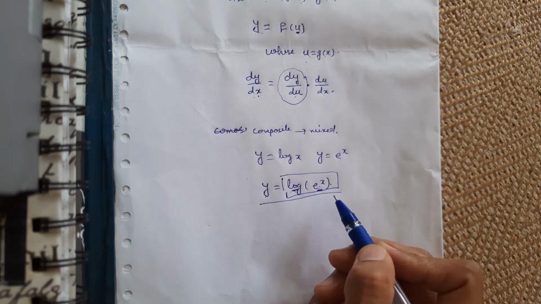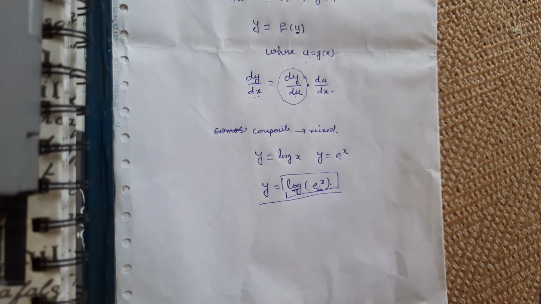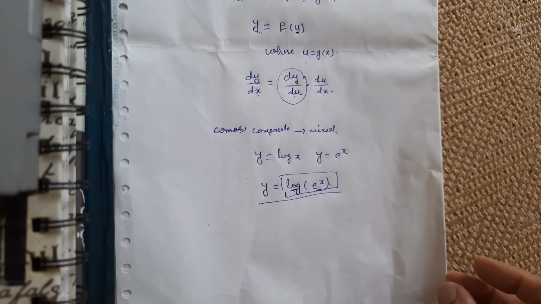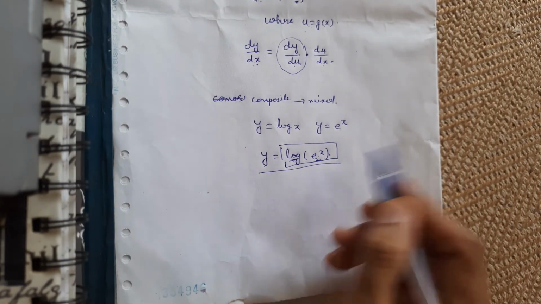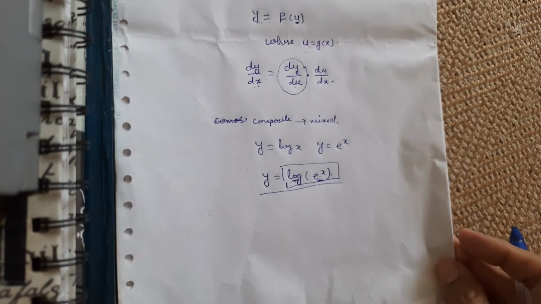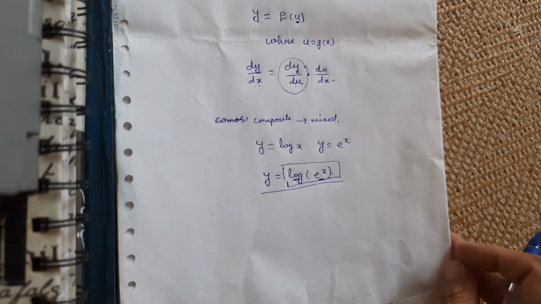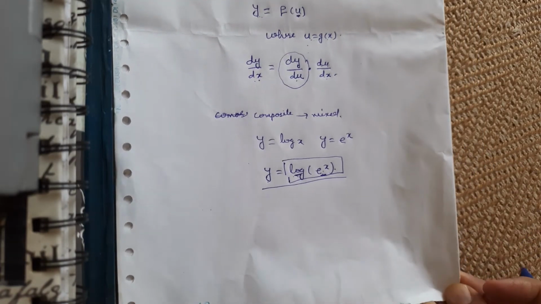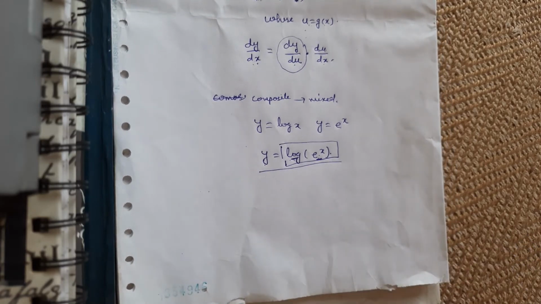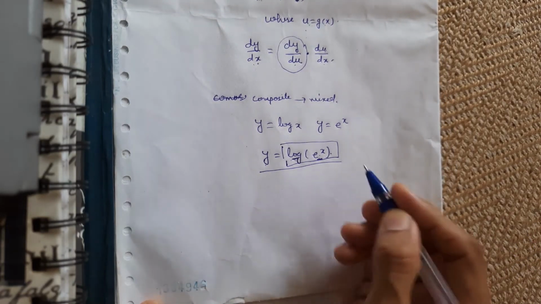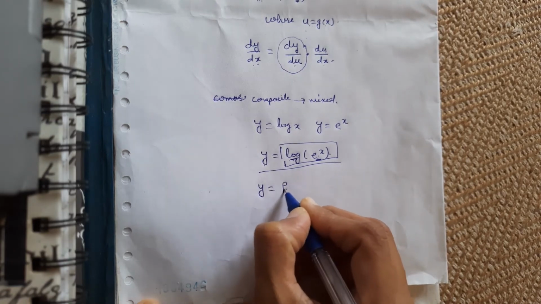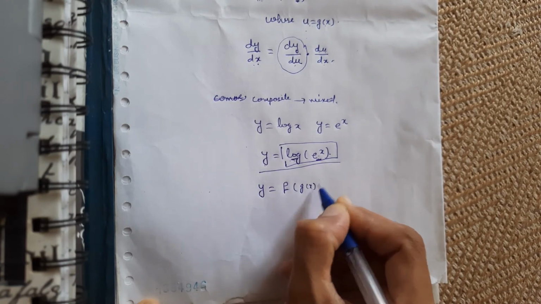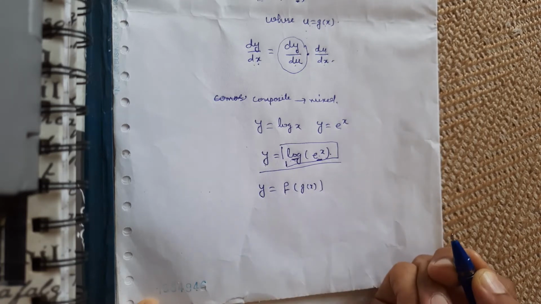Now, to find the derivative of a composite function, we always use the chain rule. I am going to show you how we can apply it. In this composite function, y is a function of g of x.